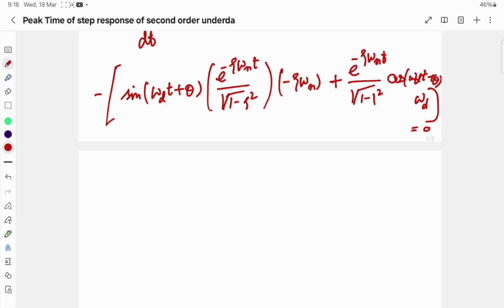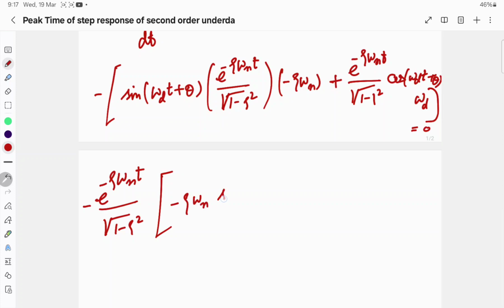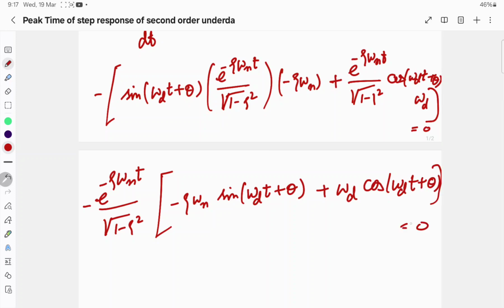Now what you can do, you can take the exponential term outside commonly: minus e power minus zeta omega n t divided by square root of 1 minus zeta square. So what we have is minus zeta omega n sine omega d t plus theta, then here we have the omega d term, cos omega d t plus theta, equate it to 0.